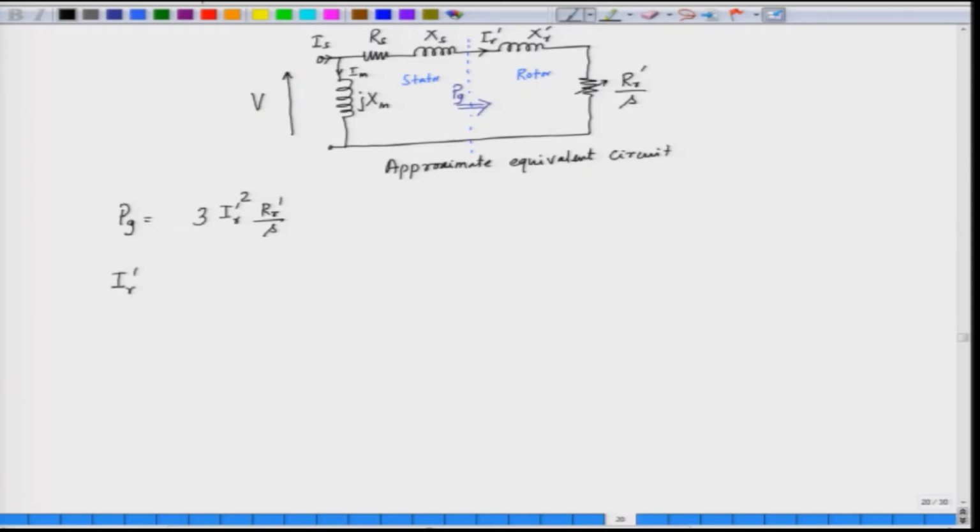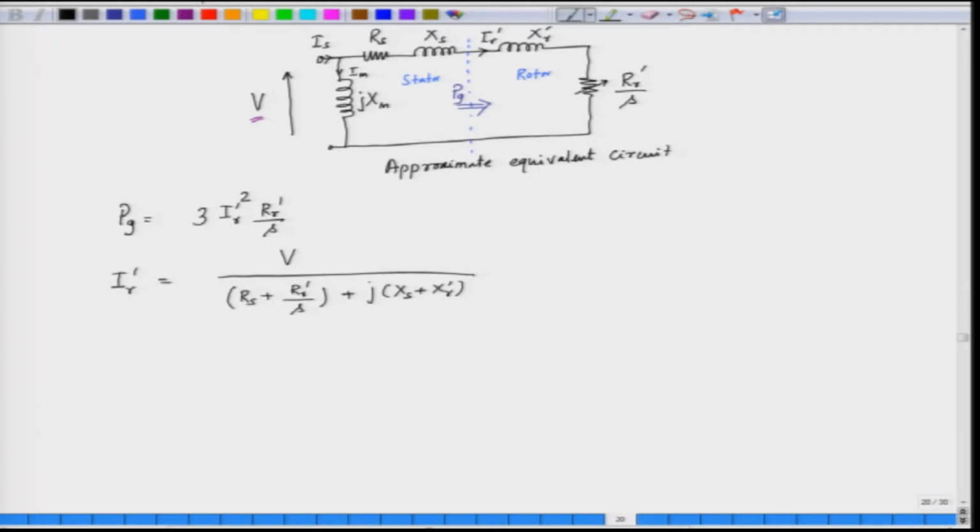We have applied a voltage, that is V here is AC voltage, and we have an impedance in this case. So, Ir prime is equal to the applied voltage V per phase divided by the resistance of the stator, the resistance of the rotor, plus the leakage reactance of the stator and the leakage reactance of the rotor.